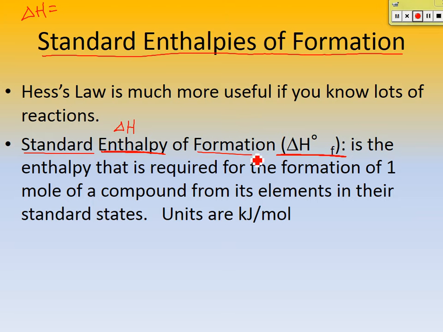And the formation part is given by this little subscript F. So look for that today. Here's the definition. It is the enthalpy that is required for the formation of 1 mole of a compound from its elements in the standard states. And the units are kilojoules per mole.